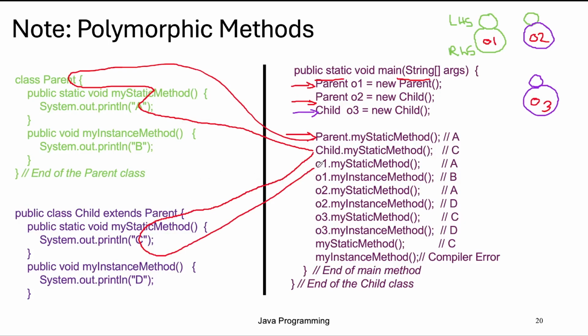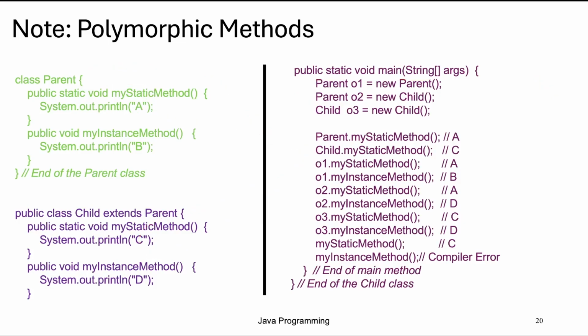Now let us see what happens with O1. For brevity, let me clear all the ink. So once we come to the object O1, object O1 is pure parent. So we enter into parent, enter into my static method, print A, come out.